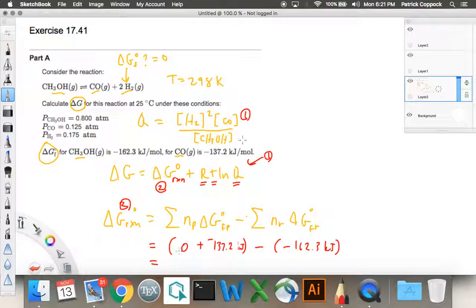All right, so let's calculate that on our calculators. That's my cursor. 162.3 minus 137.2, which is, pause the video at this point and calculate it. 162.3 minus 137.2 equals 25.1, and that's in kilojoules, right?